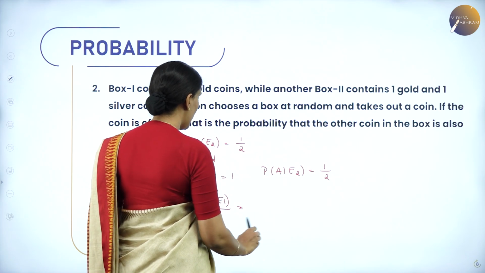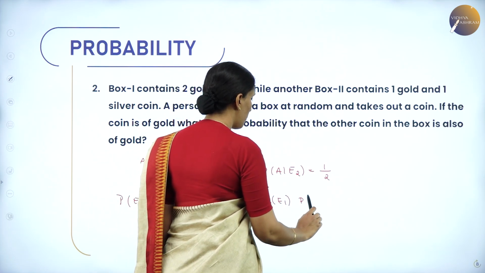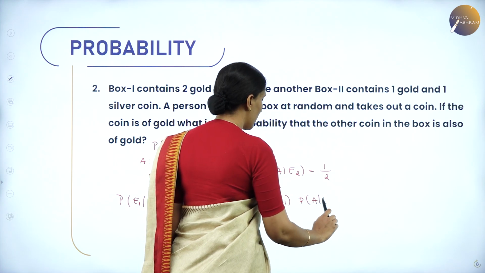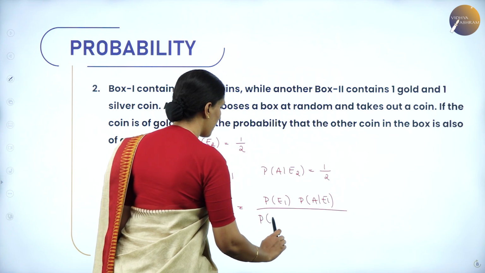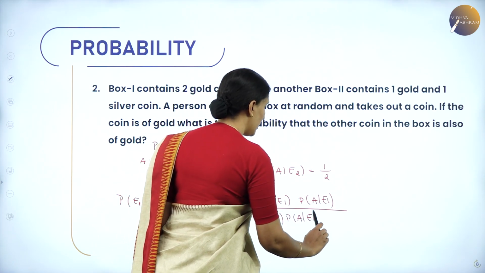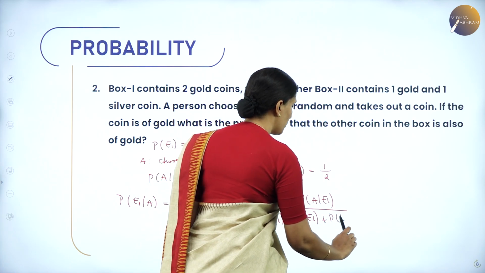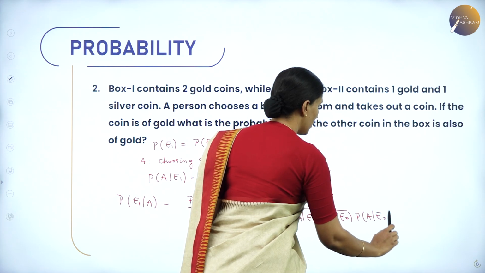This can be written as P(E1) times P(A given E1, since E1 has already happened), divided by the total probability: P(E1) P(A|E1) plus P(E2) P(A|E2).